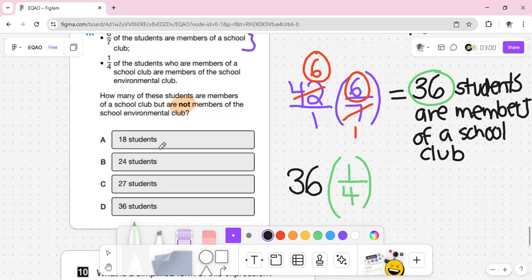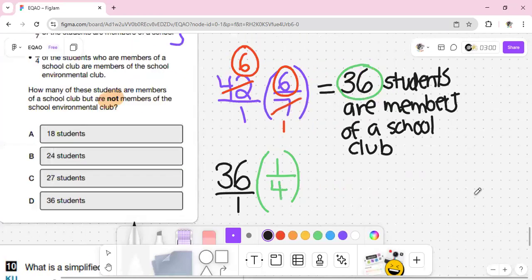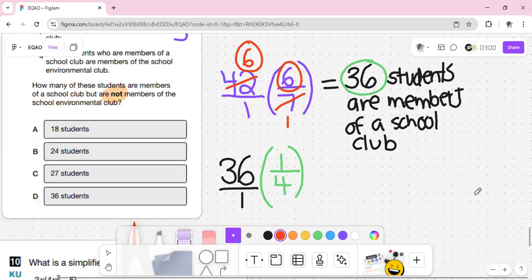Now remember, 36 is a whole number sitting on top of an imaginary 1. Now I'm multiplying this whole number by a fraction. Well, I know that 4 goes into 36 9 times.